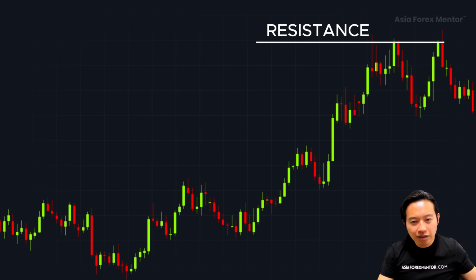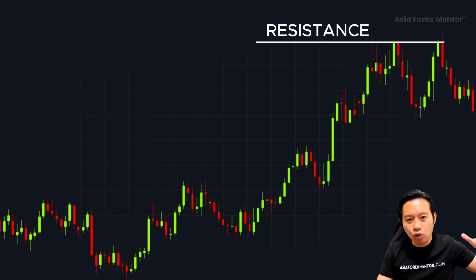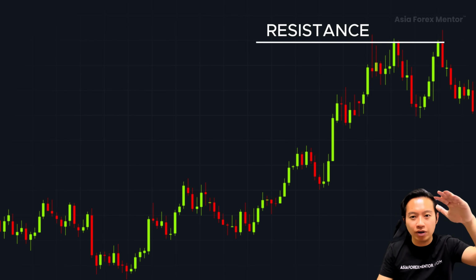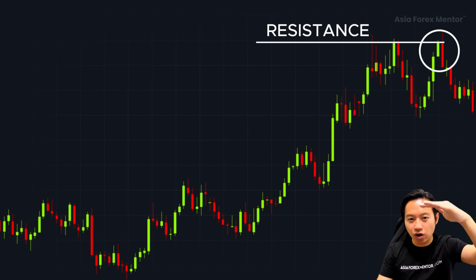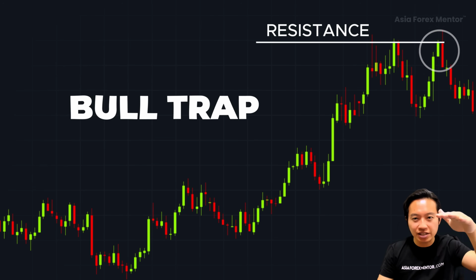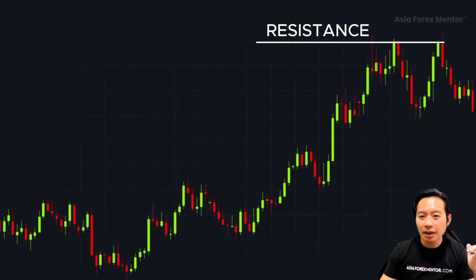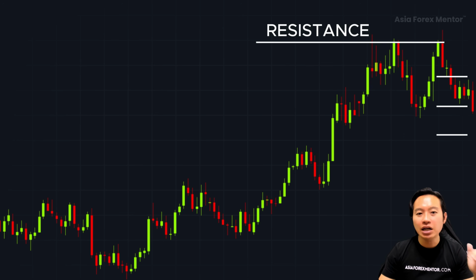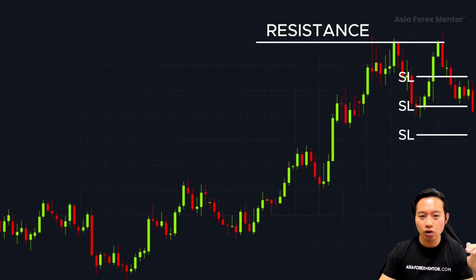So the traders before who went long on the breakout expected price to rise. But then a sharp reversal created what we call a bull trap, where they are exposed to losses. Traders often place their stop loss below the recent swing low.